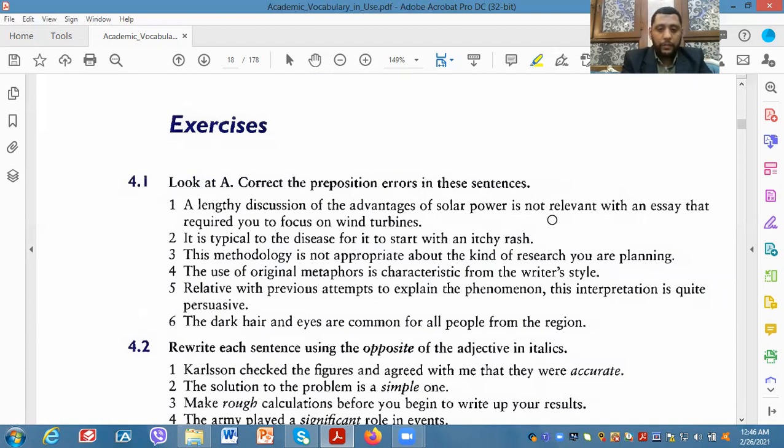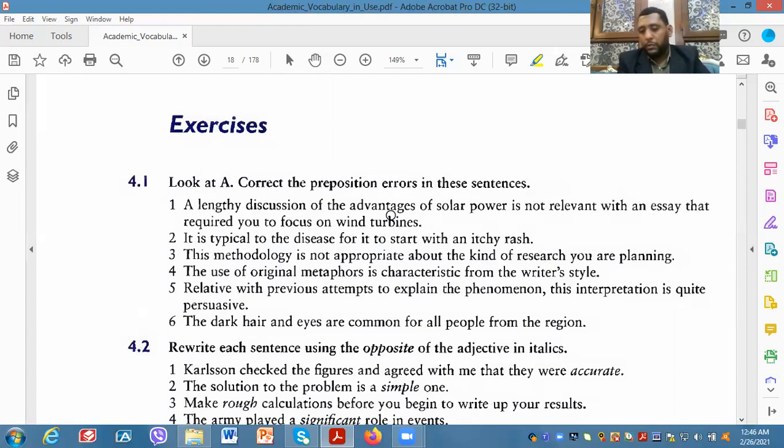A lengthy discussion of the advantages of solar power is not relevant with an essay that requires you to focus on wind turbines.